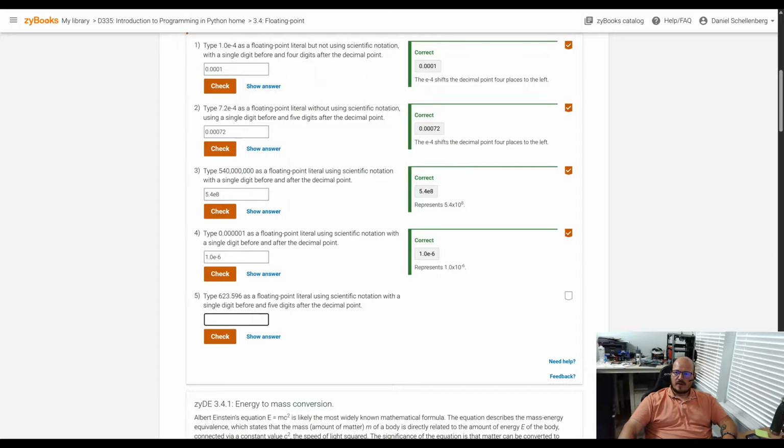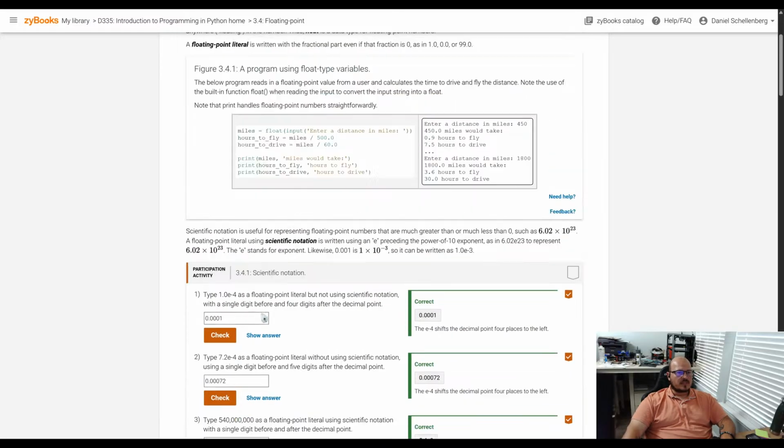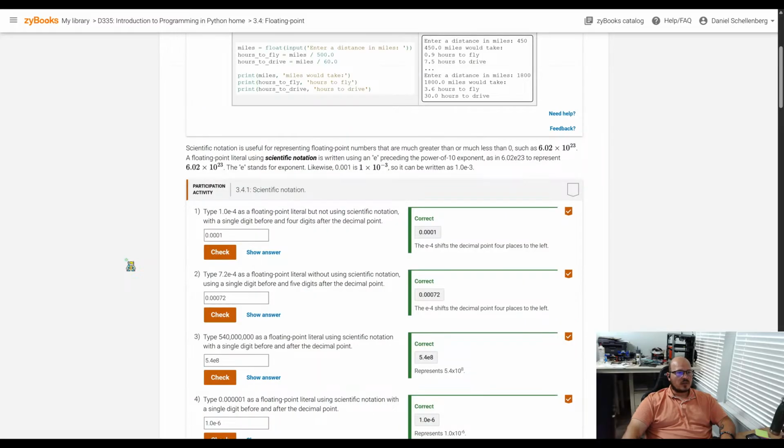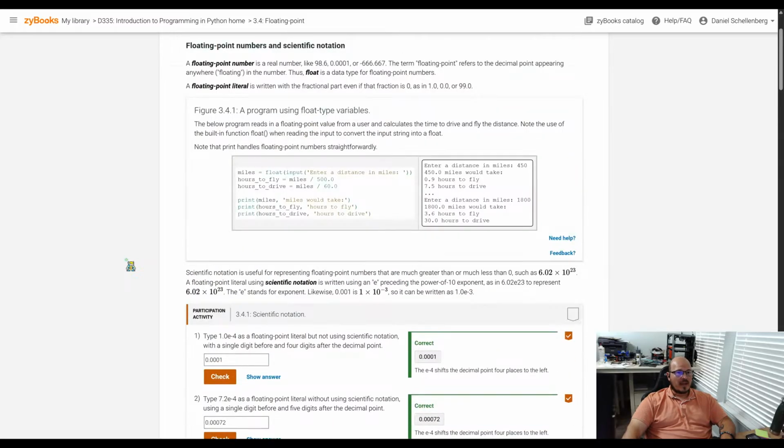Let's try something here. This one's a little bit of a difficult subject for me. I'm struggling with this, and I'm assuming this is simple math. So up here, like 98, a literal is written with the fractional part, even if that fraction is 0, as in 1.0, 0.99.0.